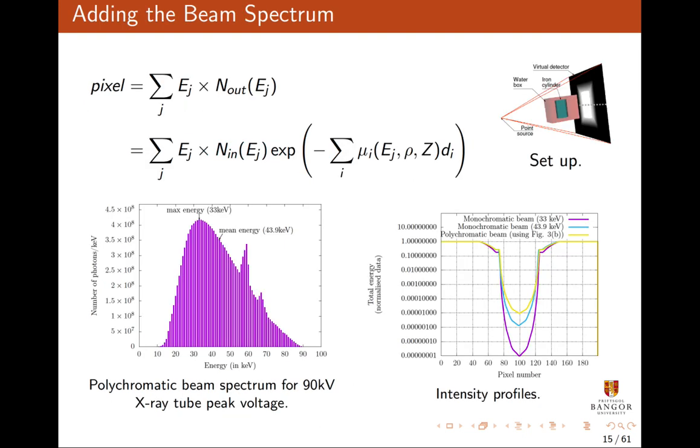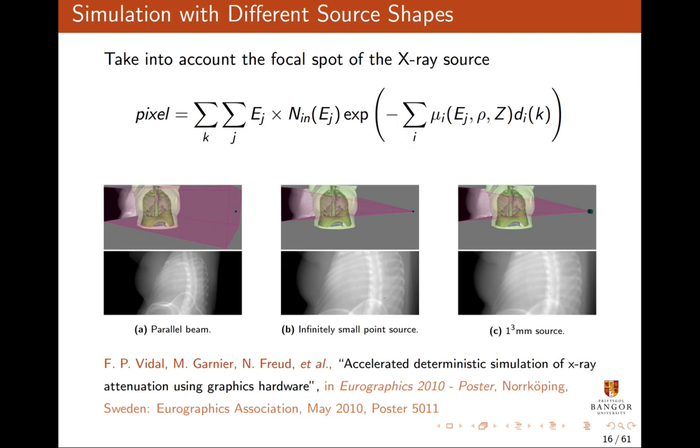Then we can add the beam spectrum, so have more than a single energy in the beam spectrum. Basically we iterate for all the different energy beams. All the bars here would be one extra iteration of that simulation. We can do the same to take into account the focal spot of the X-ray source. We could have a parallel beam if the source is very far away from the detector, or a very small point source.